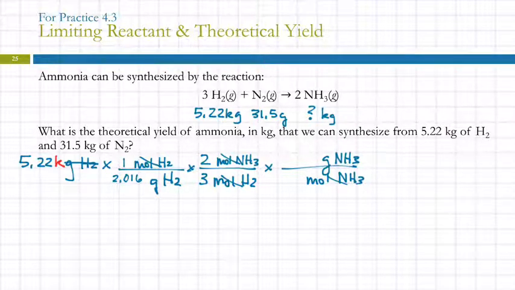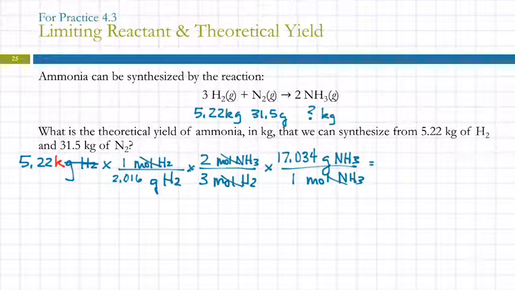And then for ammonia, it's nitrogen plus 3 hydrogens, which I sadly happen to remember is 17.034 grams. And that's 1 mole of ammonia. So I'm going to do the math. 5.22 divided by 2.016 times 2 divided by 3 times 17.034 equals.